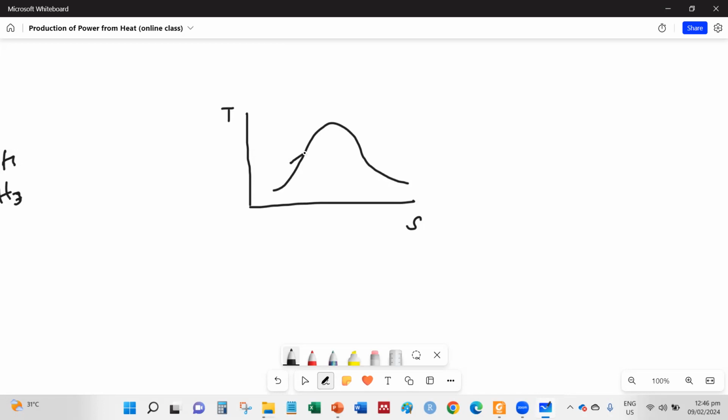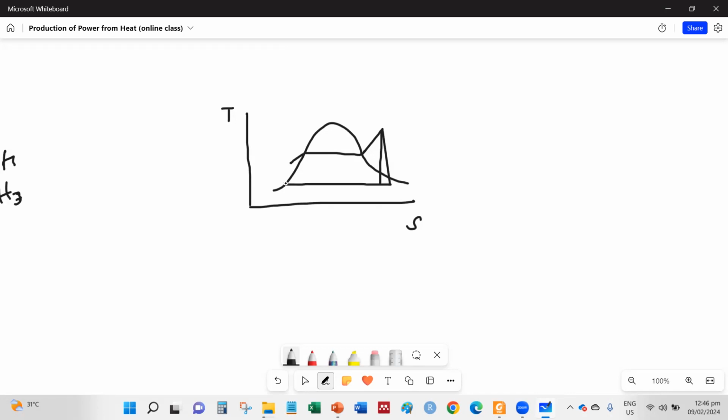The boiler is superheated, and then there's turbine expansion. All right, let's do that again.